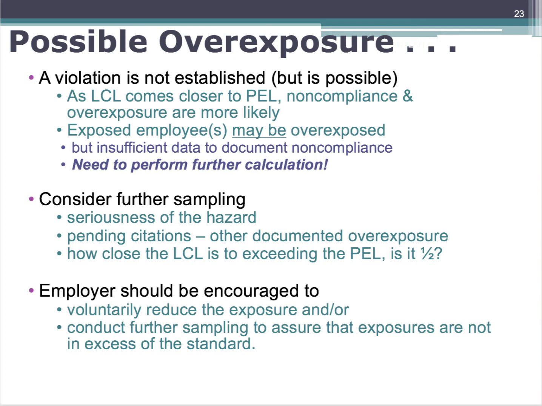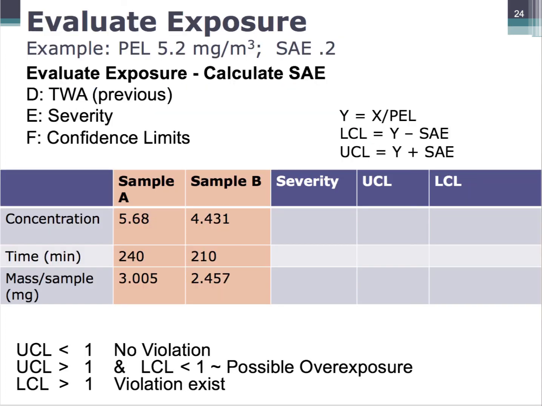So we should consider further sampling depending on the seriousness of the hazard or the agent that people are exposed to. Also consider resampling if there's citations or if you are close to the PEL, or if the time-weighted average is half of the PEL and you're at your action limit. And certainly we're going to try to always encourage our employers to sample when we're just not confident based on our confidence intervals.